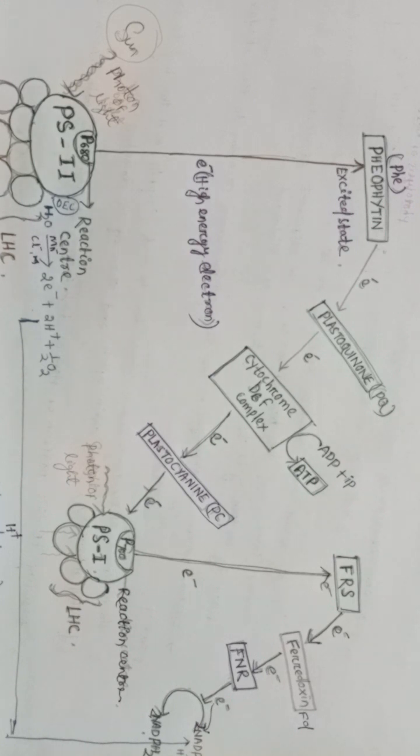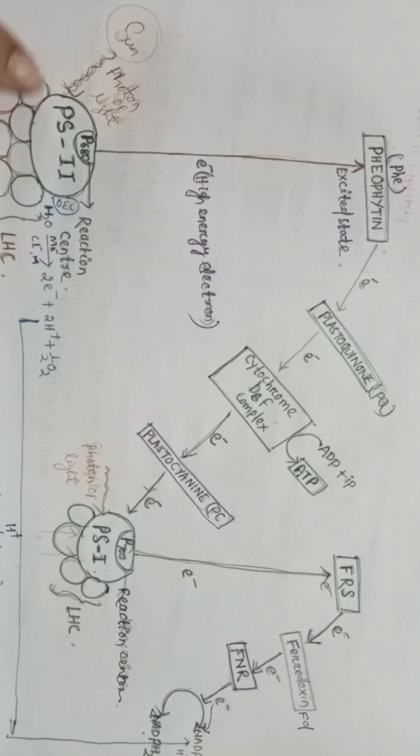Whenever the photon of light is absorbed by both of the photosystems, let us see the first, photosystem 2.